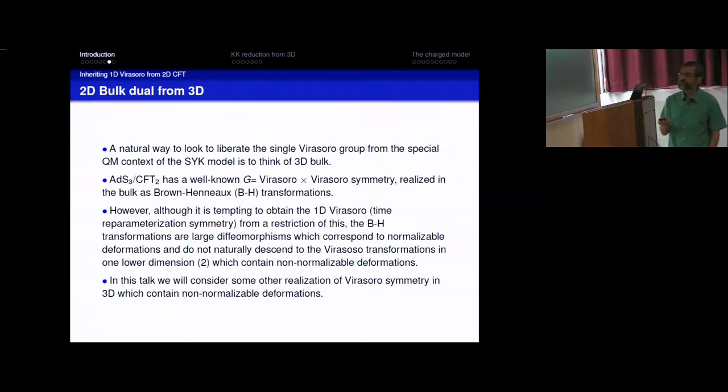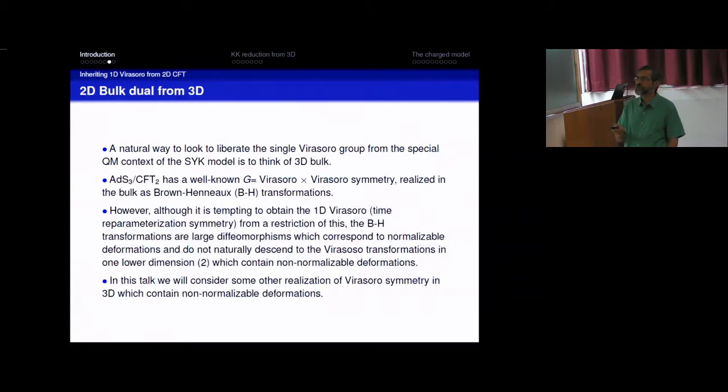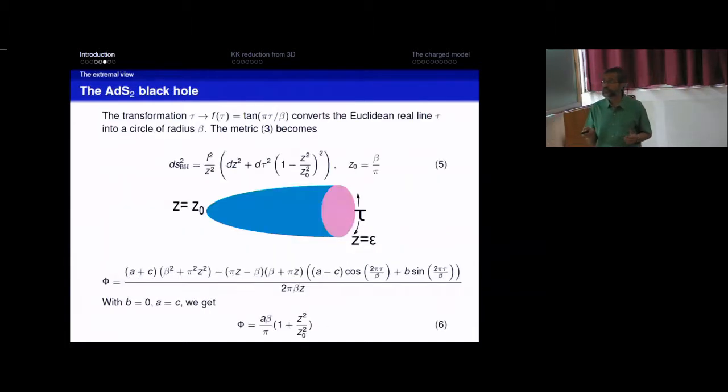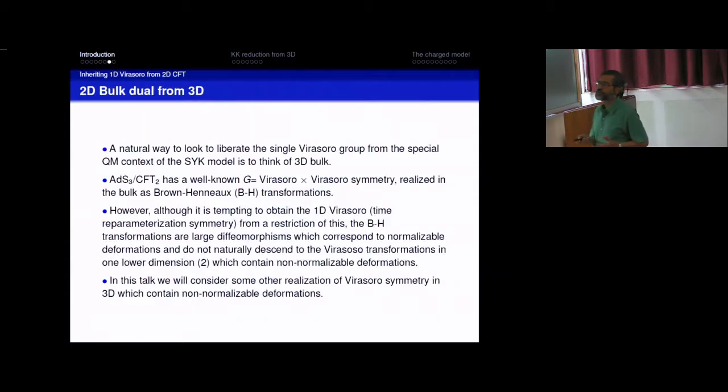And so they do not naturally descend to Virasoro transformations in one lower dimension, which contain non-normalizable deformations. So the dilaton, precisely this 1 over Z factor which I was missing, makes it a non-normalizable deformation, which is necessary to capture the SYK physics because you are turning on 1 over J.